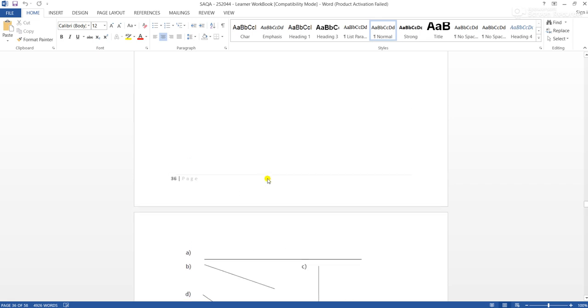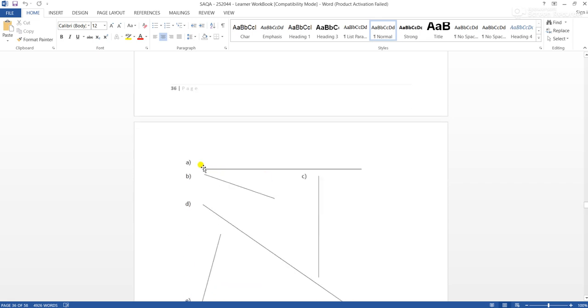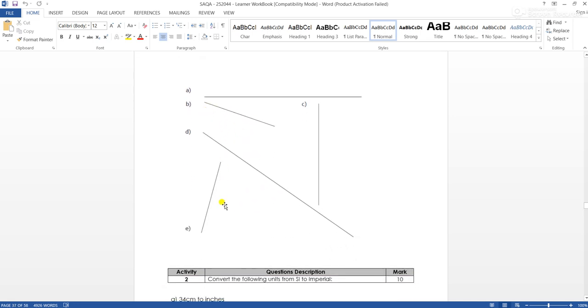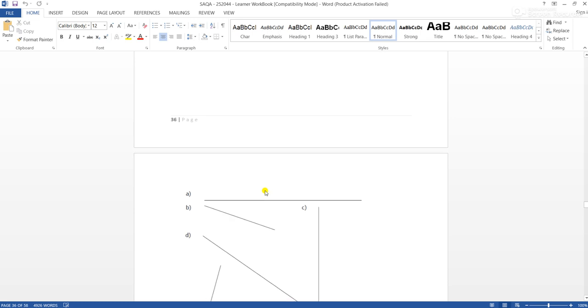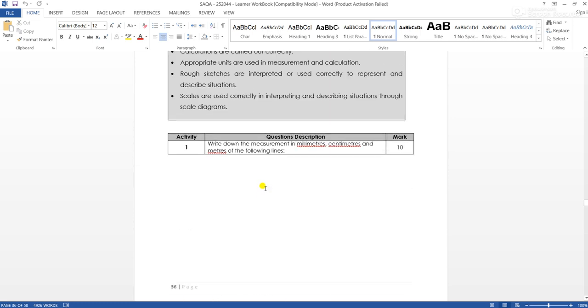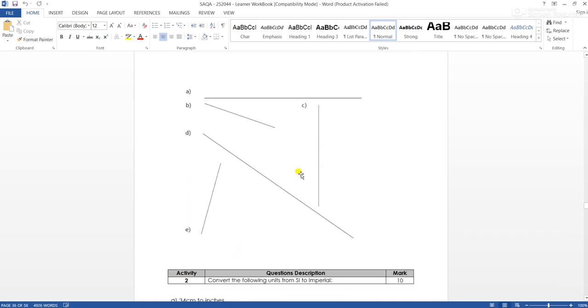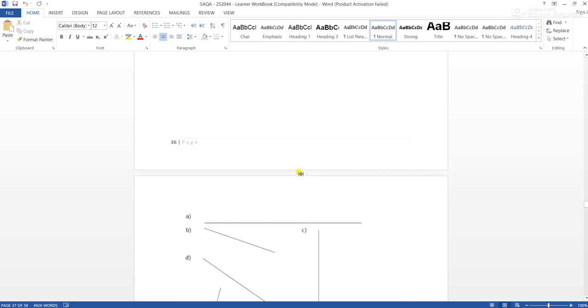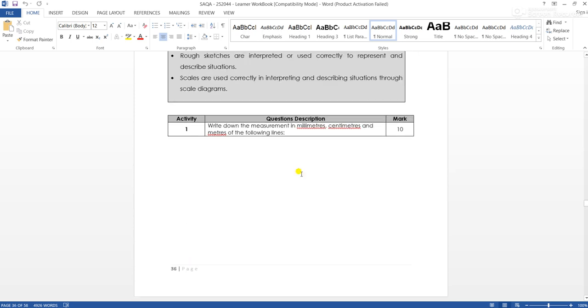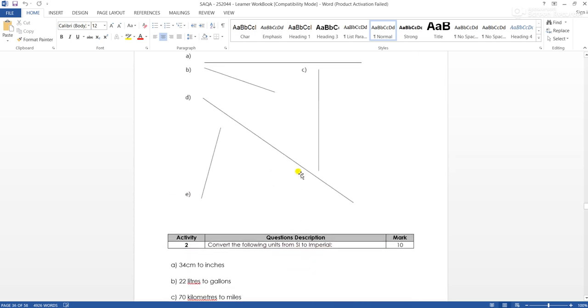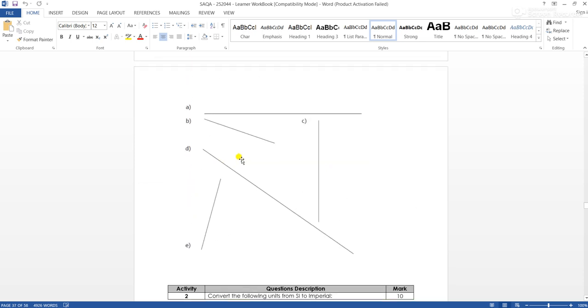You just have to measure these lines, your A, B, C, D and E, with a ruler. They want it in millimeters, centimeters and meters, so you should use a ruler and a measuring tape in order to get these measurements.